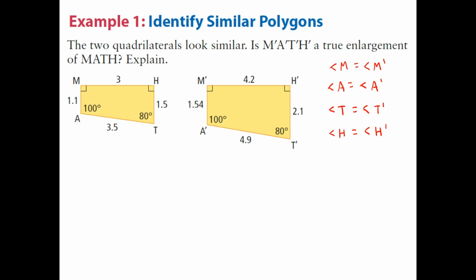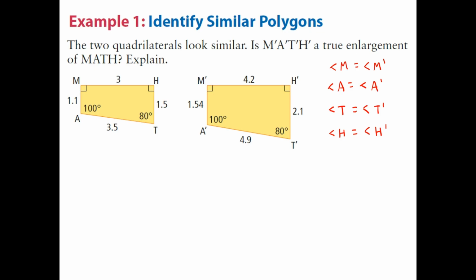As soon as you have 4 or more angles, two things have to be true. All corresponding angles must be equal to each other, and in addition to that, all corresponding sides must have the same scale factor. So those are the conditions that you have to fulfill in order to have a similar polygon. In this case, a similar quadrilateral.